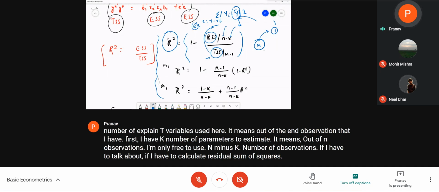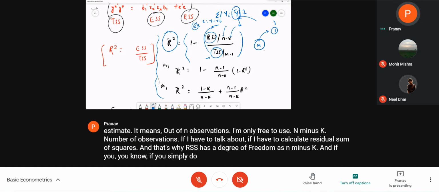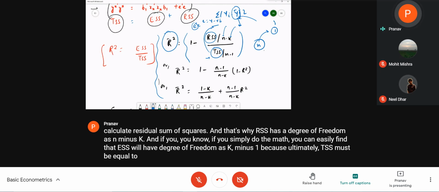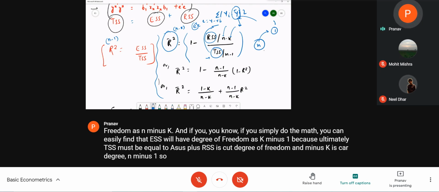And that's why RSS has n minus k degrees of freedom. And if you simply do the math, you can easily find that ESS will have k minus 1 degrees of freedom, because ultimately TSS must be equal to ESS plus RSS. TSS has n minus 1 degrees of freedom and RSS has n minus k, so what remains for ESS should be k minus 1.